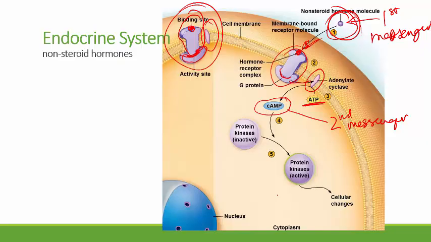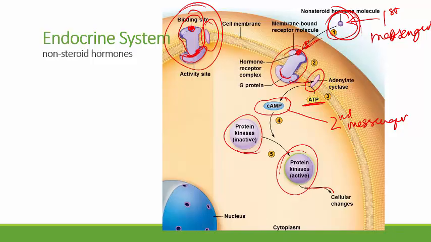The master in this case is a set of enzymes that are termed the protein kinases, and it's these activated protein kinases, when we activate them with cAMP, that are capable of producing whatever the cellular change is. The protein kinase will now move through the cell, activating processes that were inactive before, or deactivating processes that had been active.